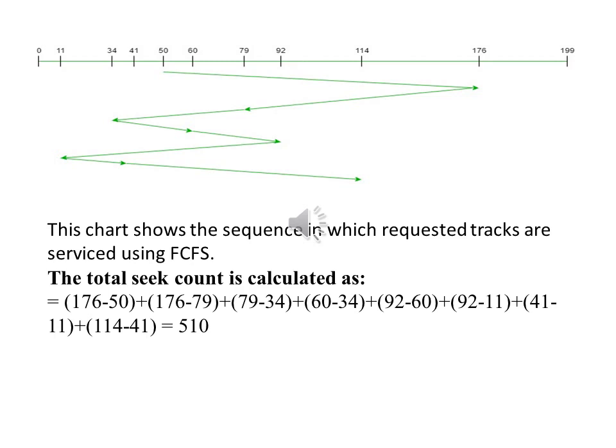The initial position of the head was 50, and the first request came for 176. So the head has to move to serve this request and reach 176. How much will this movement be? It can be calculated by taking the difference of 176 and 50. So this is the first displacement.